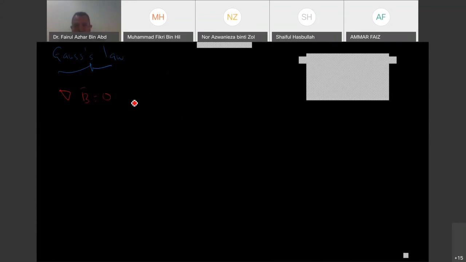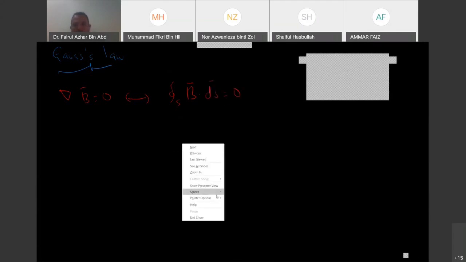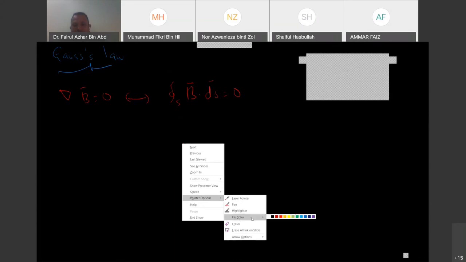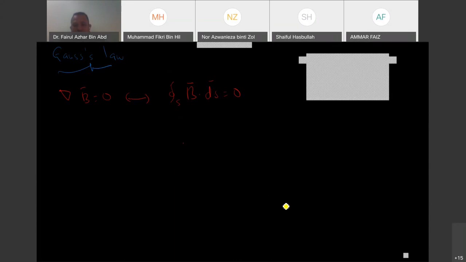Basically this form can be interchanged between differential form and integral form. In integral form we have the closed surface integral of B dot dS is equal to 0. In order to convert from differential to integral form, we use the divergence theorem.